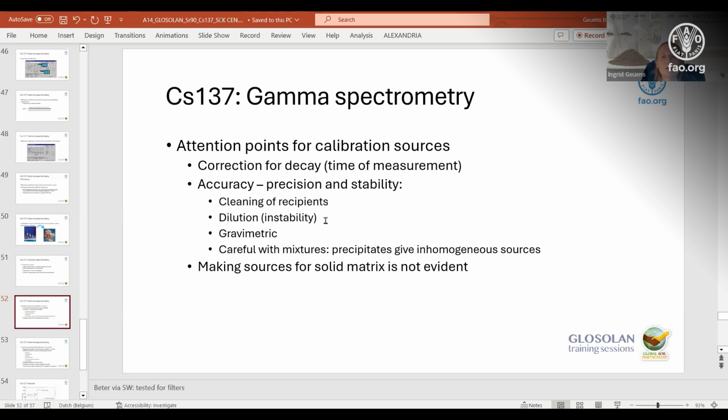If you are entering a calibration source into your material, you can get precipitates, and that gives, of course, inhomogeneous sources. So as said already, you could work with solid materials, but it's not so easy to get sources on the market for solid matrices. That's not evident.